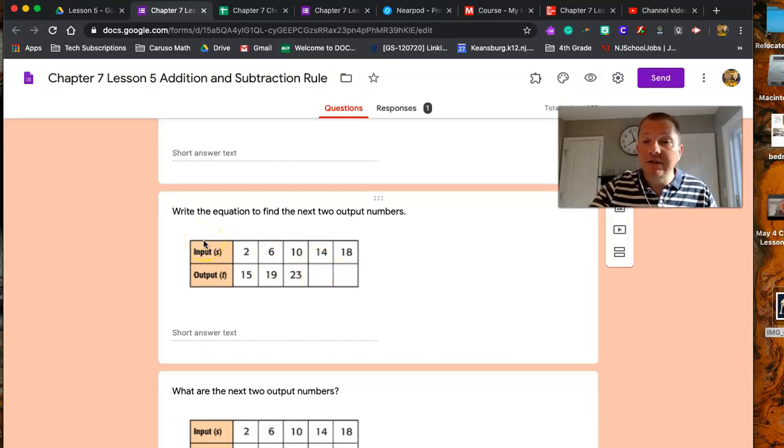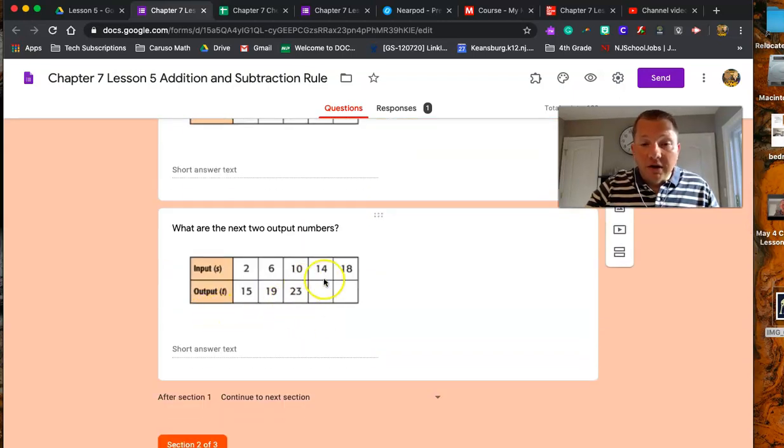So on the left side of the equation, you're going to have an S. You're going to have a symbol: plus, minus, add, subtract, multiply, divide. A number, whatever the difference between these two is, and then an equal sign, and then on the other side you're going to have an F. Then you're going to tell me what the missing terms are. So it'll be a term, comma, space, another term.